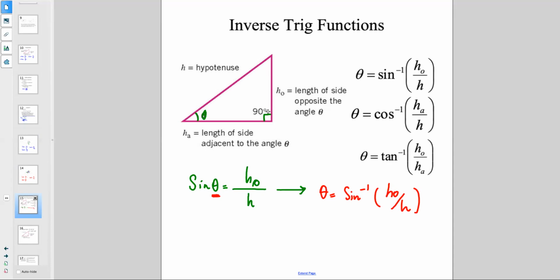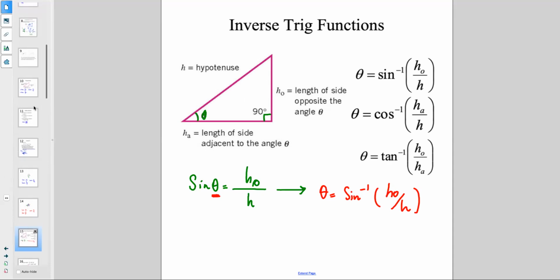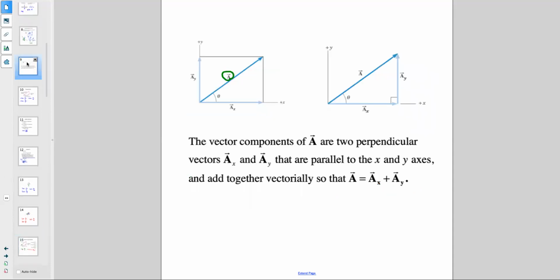So just put this triangle in your mind for a second. This is exactly looking like this, isn't it? You have HO right there. You have HA right there. You have the values for them. And we're asking you to find theta, this angle. All right? So that's the way to do it.